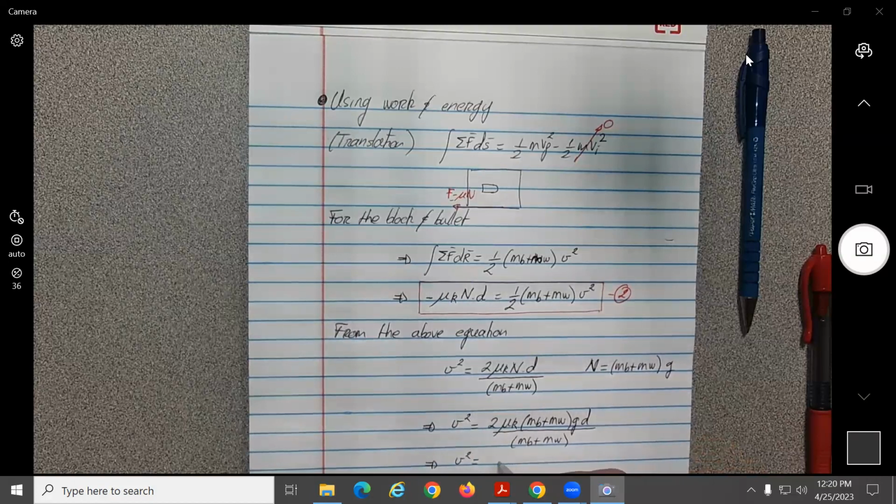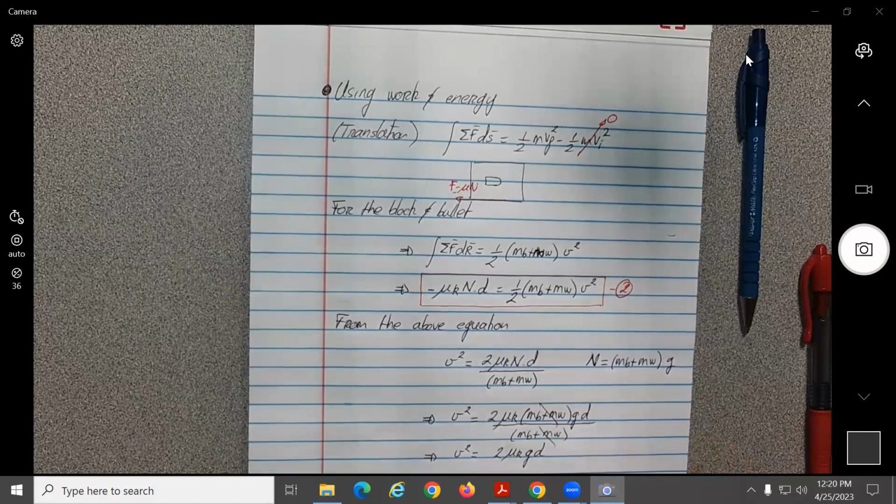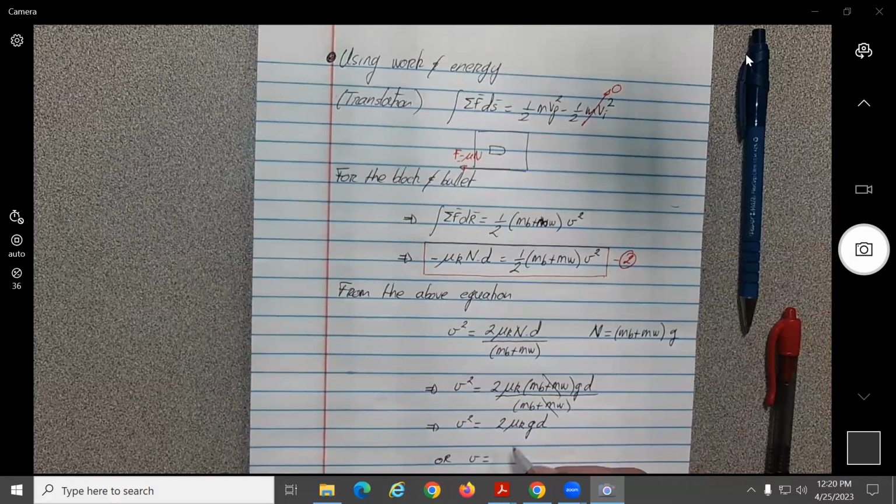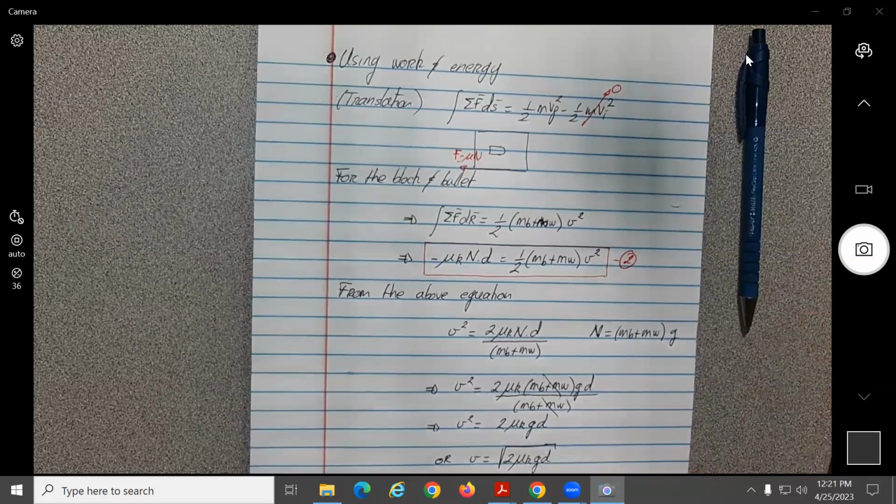So v squared is going to be equal to 2 mu sub k g d, or v equals the square root of 2 mu sub k g d.